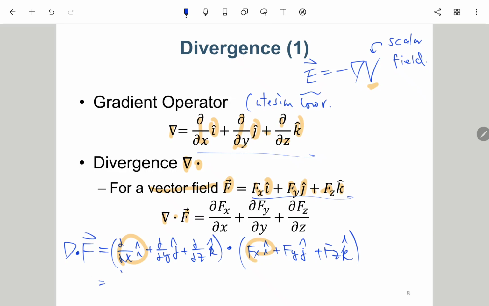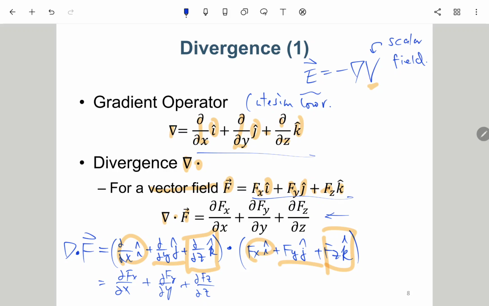So it turns out to be partial x Fx, and then this one and this one dotted will be a 1, so it will be partial y Fy, and then also we have this one dotted with this one, turns out to be a 1, so we have partial z Fz. Okay, so this is nothing but this one, so it's really easy to understand.